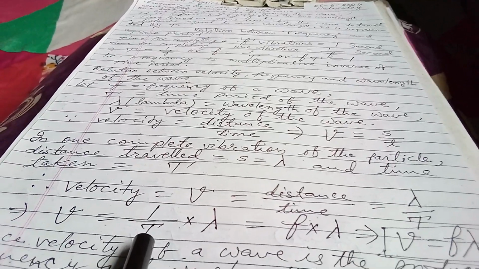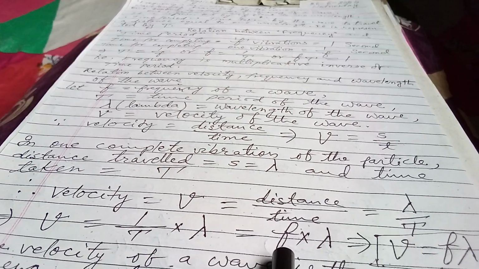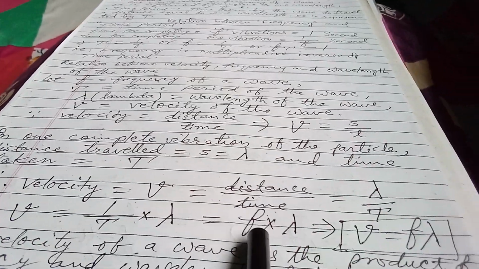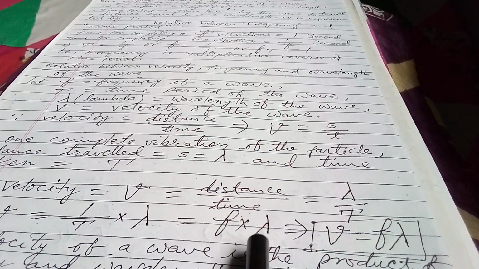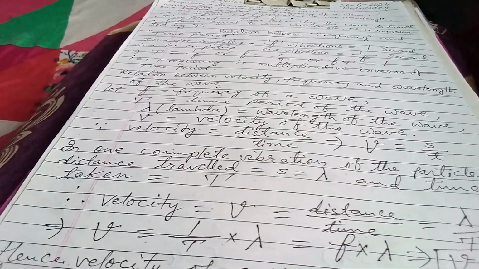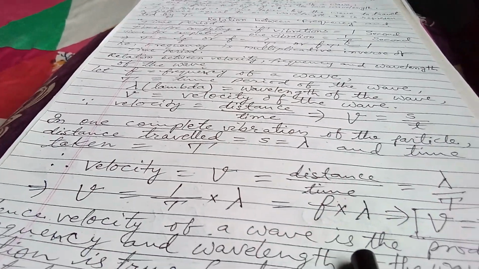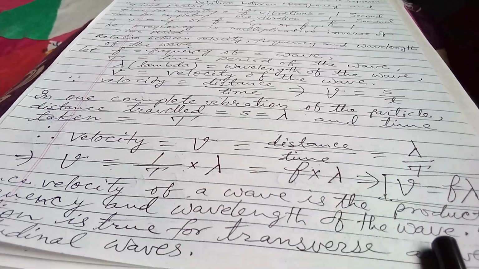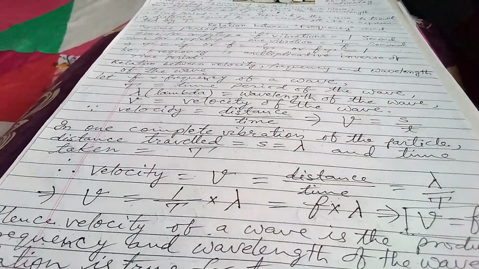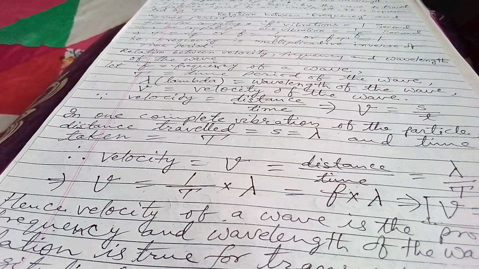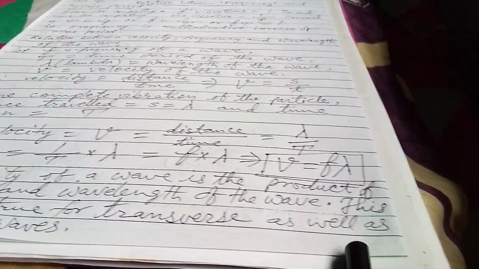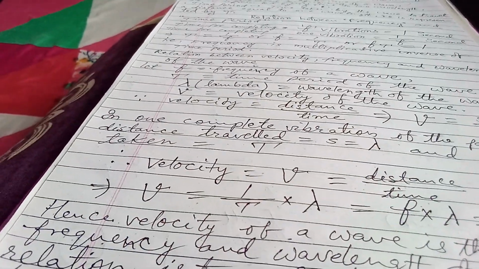So in place of 1 by T, here we are writing f, so v equals f into lambda. Hence we can say that velocity of a wave is the product of frequency and wavelength of the wave. This relation is true for transverse as well as longitudinal waves.